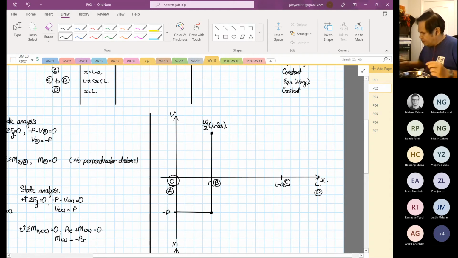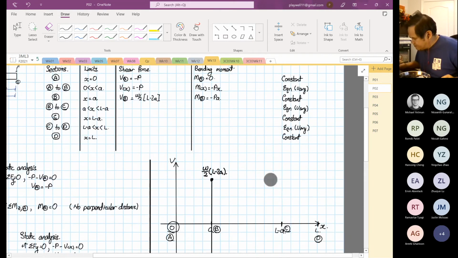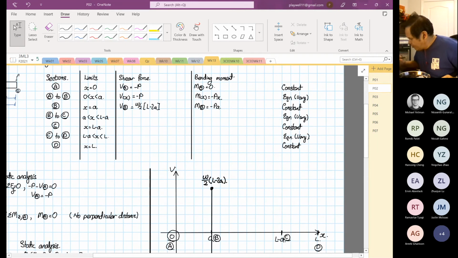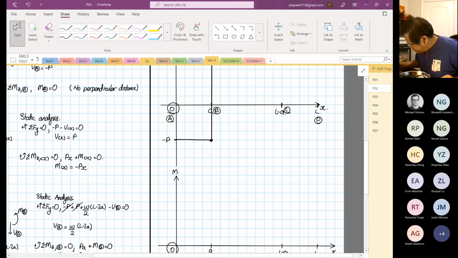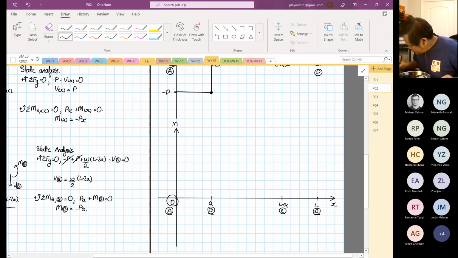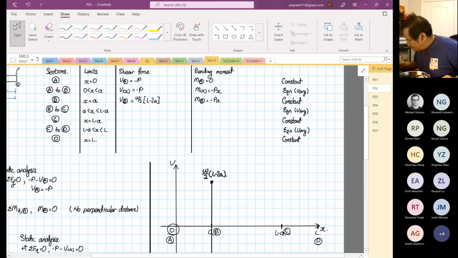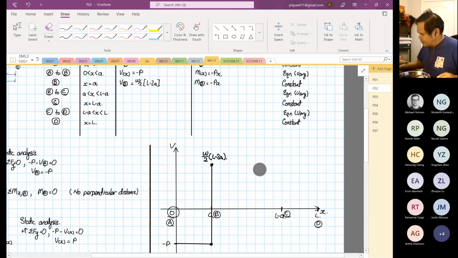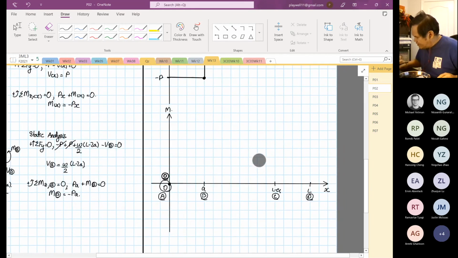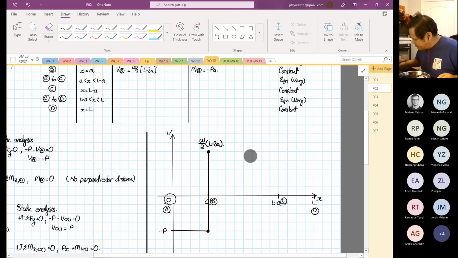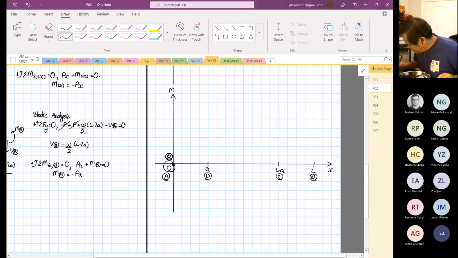Now, if we look at the other equation, our bending moment at point A is equal to 0. So this is our 0. Then it goes to where? Minus Px. So you know that minus Px is a negative slope, yes or no? And then at point A, it stopped at minus Pa. So you just select a point over here.